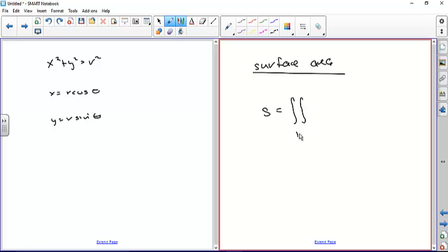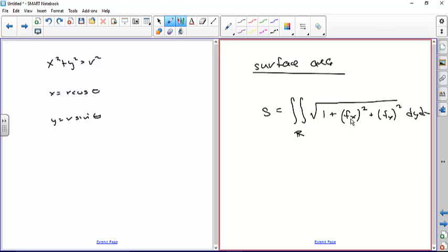Now, for surface area, you have, again, this integral over the region, which is the region in the xy plane, and then you don't have f of x y here. You have the square root of 1 plus the first partial of this function, f of x y. So you take the partial with respect to x, and you square that, and you add the partial with respect to y, and you square that, and then you multiply by dy dx.